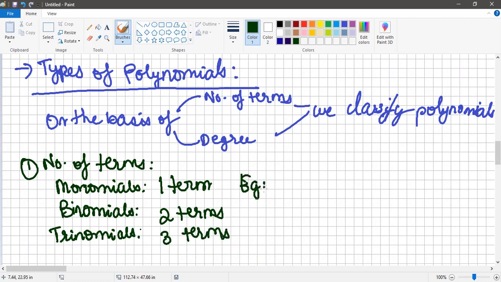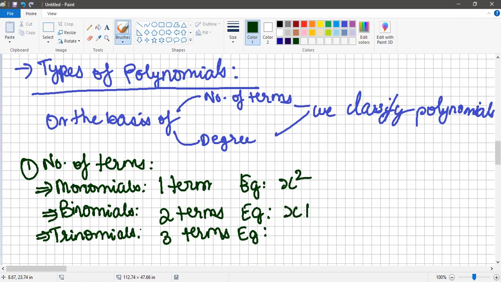Example, of course, we always explain with an example so that the picture is clear for you. First, for monomials, we will take x. X itself is one expression with only one term, or let me take x square itself. So this is a monomial expression. What about binomials?